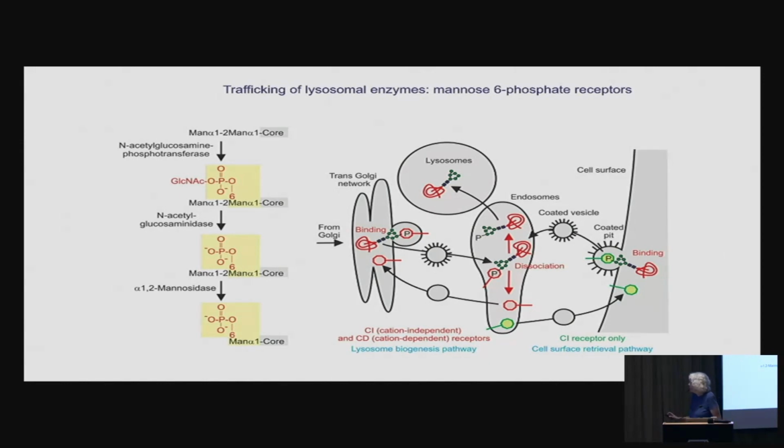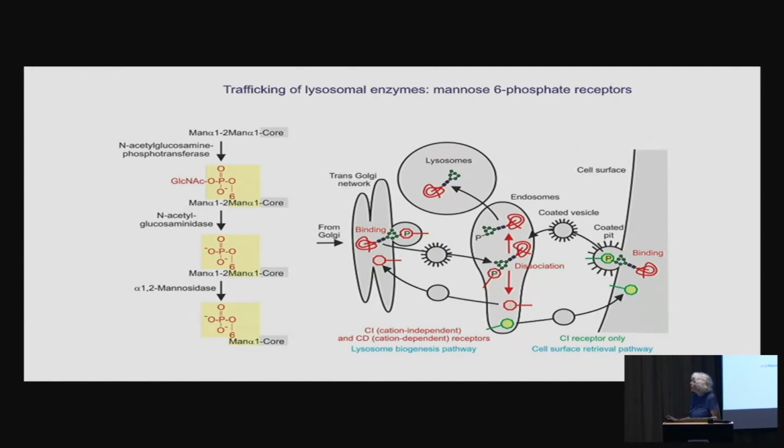And so these mediate targeting of lysosomal enzymes, which are synthesized along with all other glycoproteins in the ER, and then they have to travel through the Golgi, but they need to end up in the lysosomes and not outside of the cells.